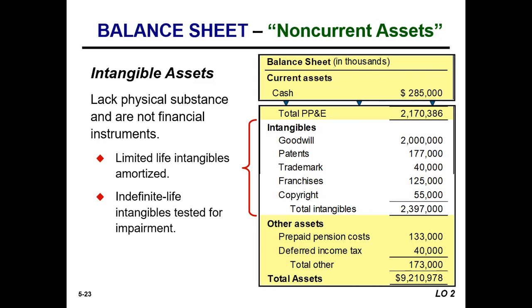And then for indefinite life intangibles, these are intangibles that do not have a limited life, or we can't estimate how long they'll last. A really good example of this type of intangible asset is like the Nike swoosh, right? The Nike swoosh has an indefinite life.